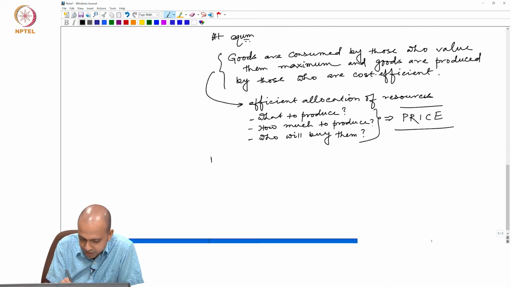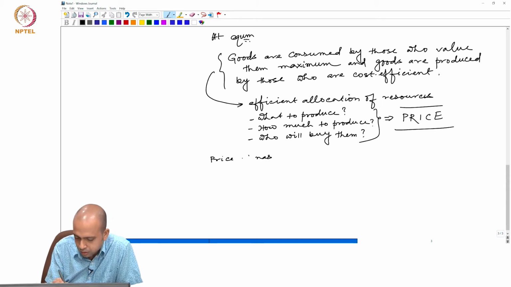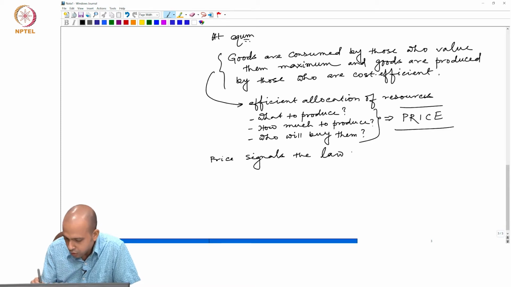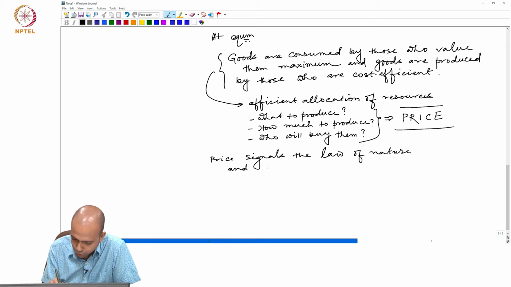With this price, it actually signals the law of nature and the law of humanity.